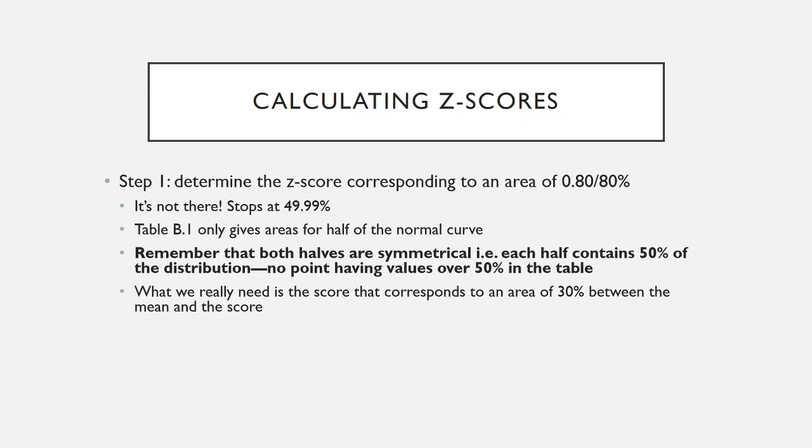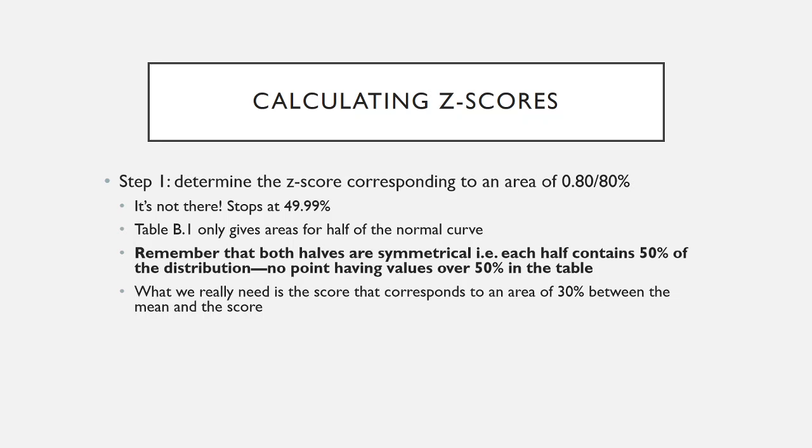So you know that each half of the distribution holds 50% of the scores. What you need to do is think about what area of the curve you are trying to get to, and think about what percentage underneath 50 would enable you to get to the spot you're seeking. The 80th percentile is definitely above the mean because it's above the 50th percentile.